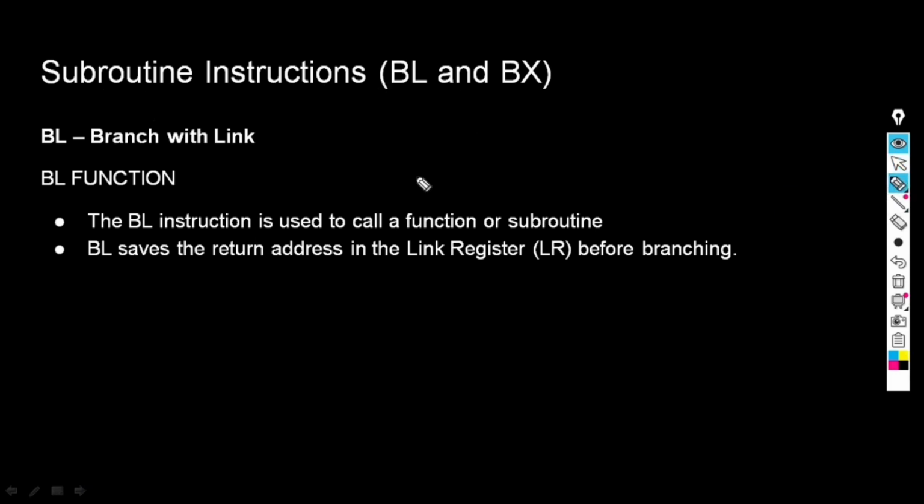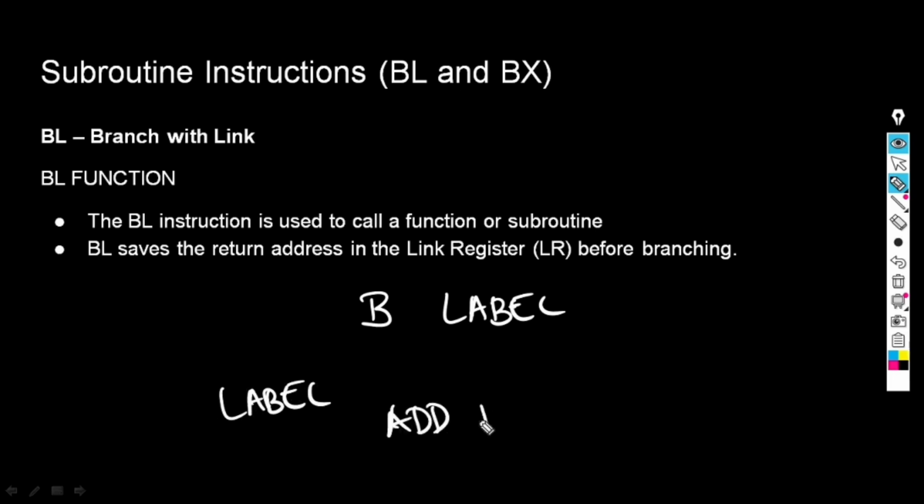See, in general, what we noticed is if you write something like branch followed by some conditional code and some label, under the label, whatever instructions are there, let's assume add R1, R2, R3, it will directly jump here and perform those set of instructions.